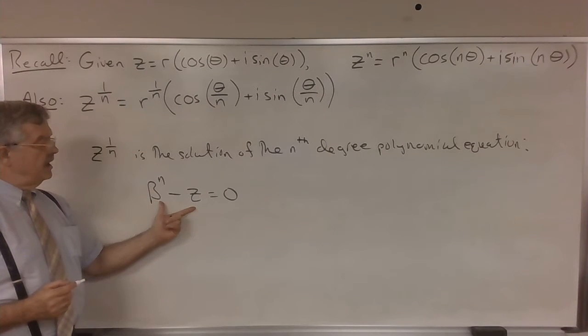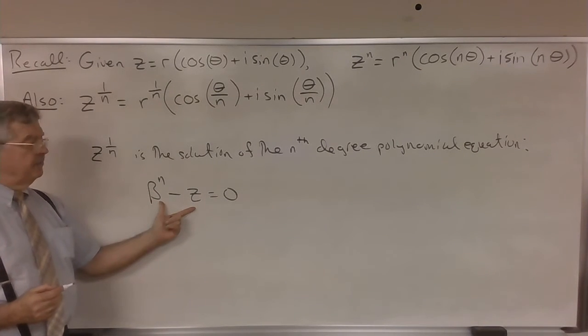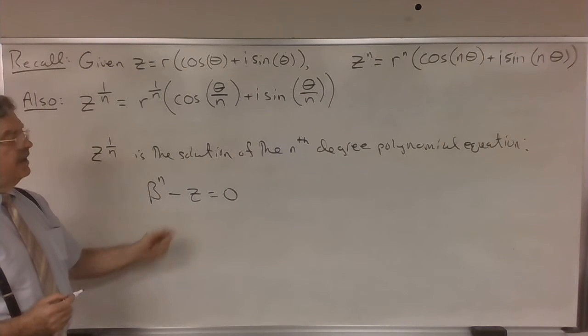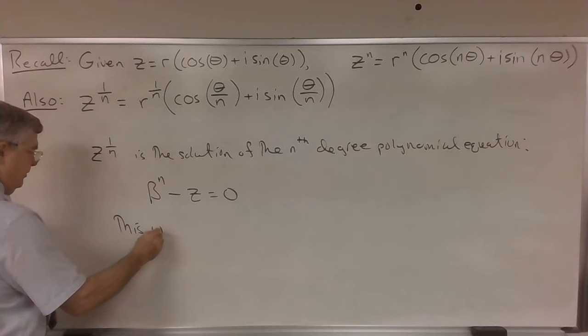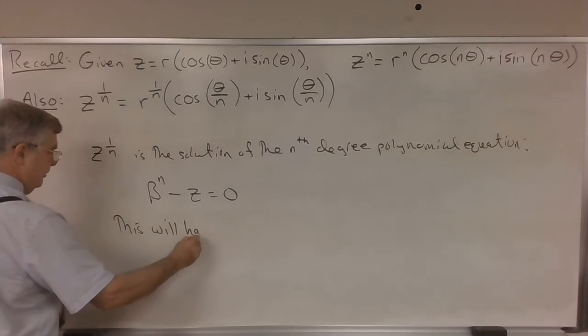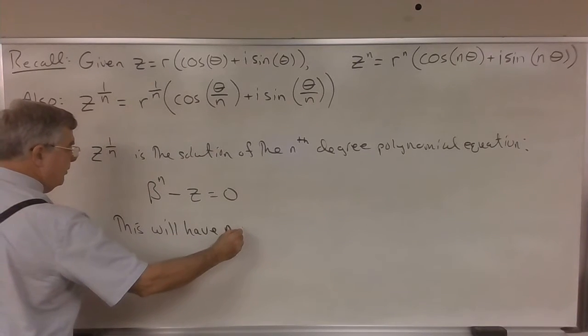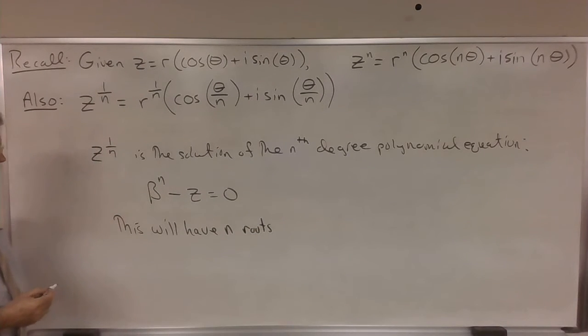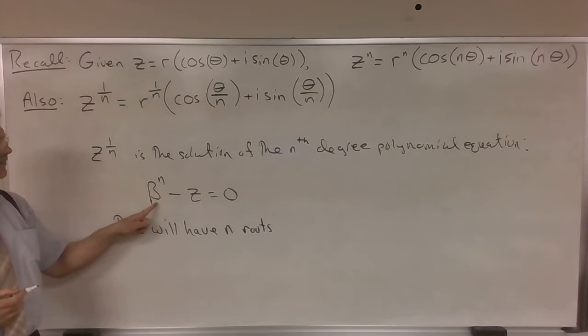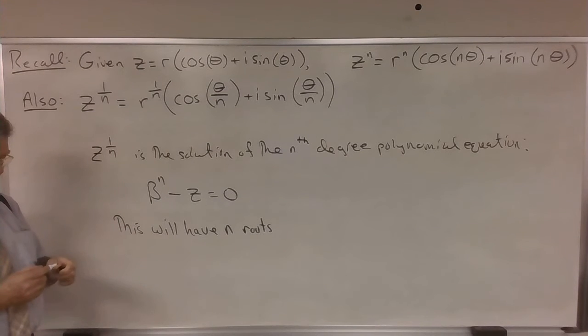So this is a polynomial of nth degree, and we expect it to have n roots. So there are n values of beta that will give us a solution to this equation.